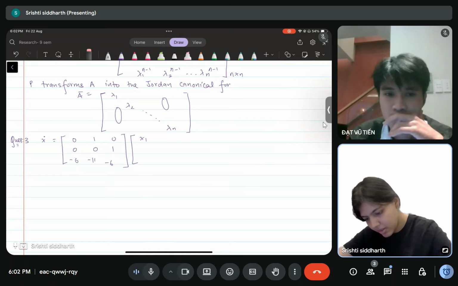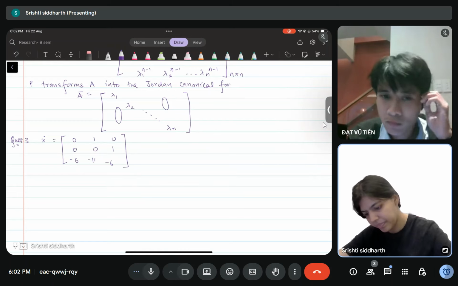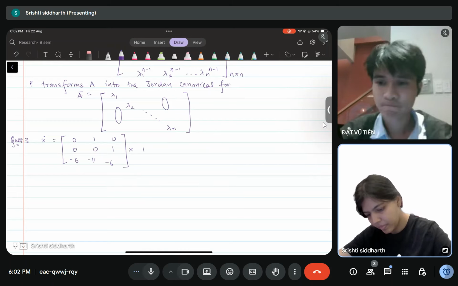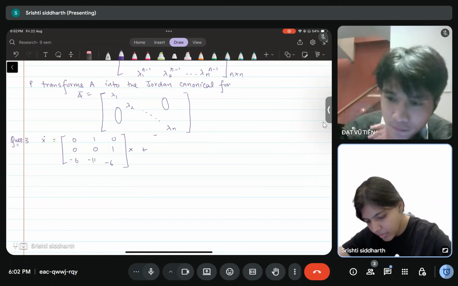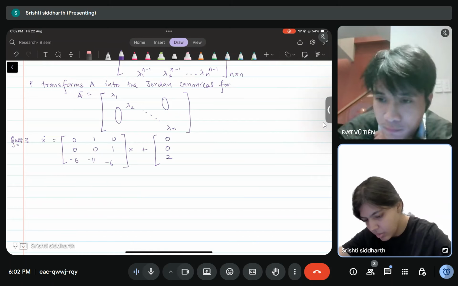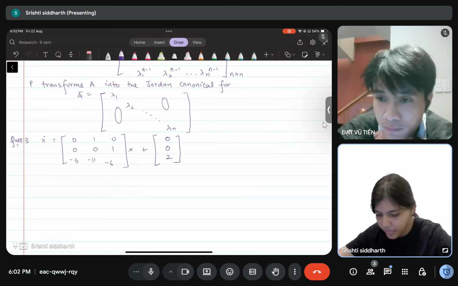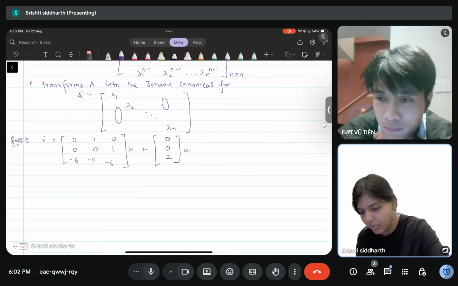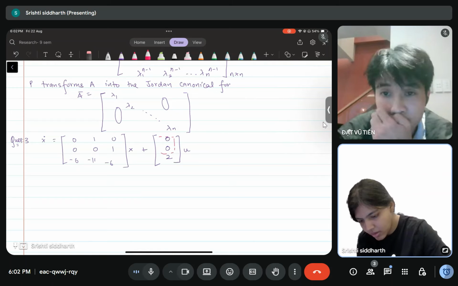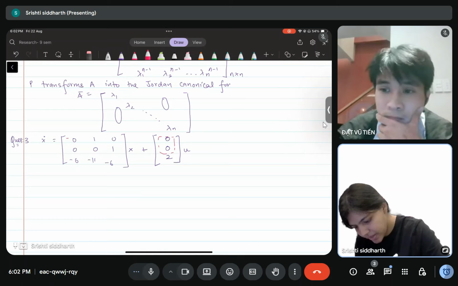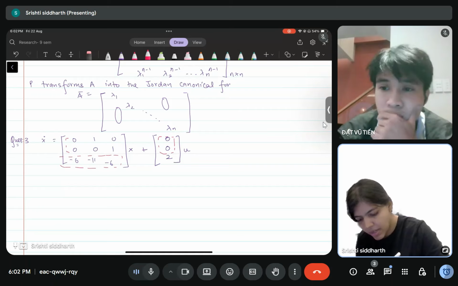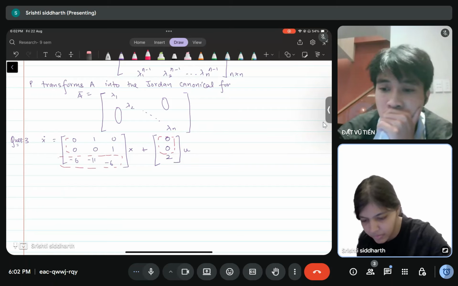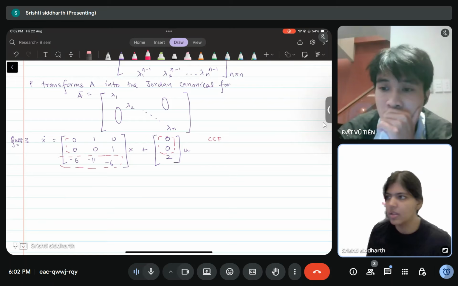Okay, let's just write this down as x, plus 0, 0, 2 times 0. So first, notice that this is already in the CCF form, right? So this is 0, and this is the chain of integrators. This is minus alpha until minus alpha 1. So this is CCF.